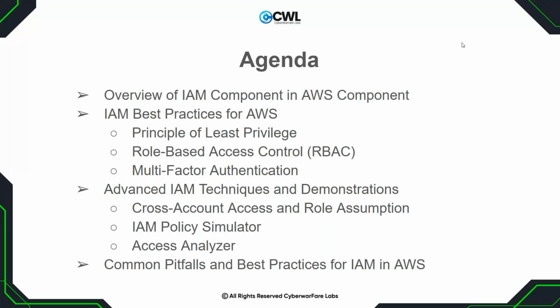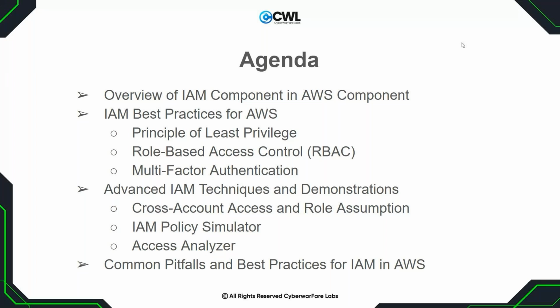Next, we will discuss the principle of least privilege, which comes under IAM best practices, and is the key to minimizing our cloud environment's exposure to unnecessary risks. This simply means giving users or applications only the permissions they need to do their jobs, nothing more, nothing less.